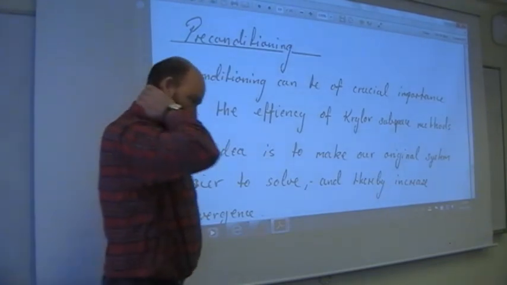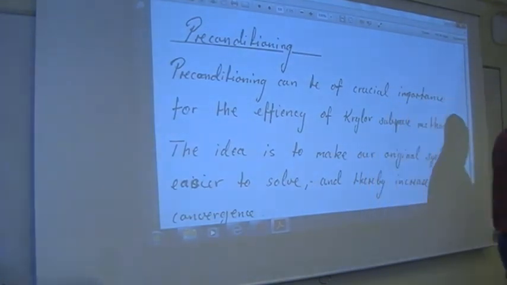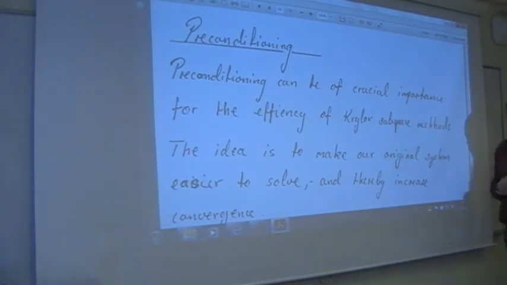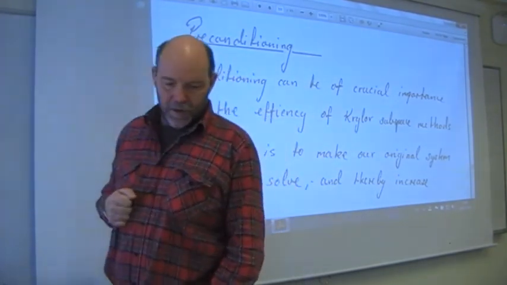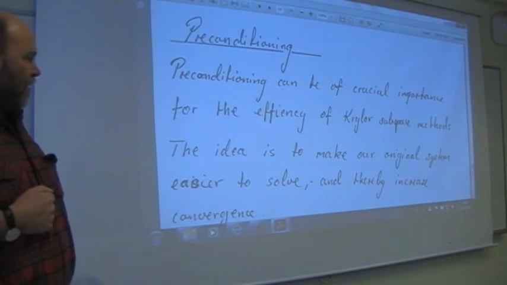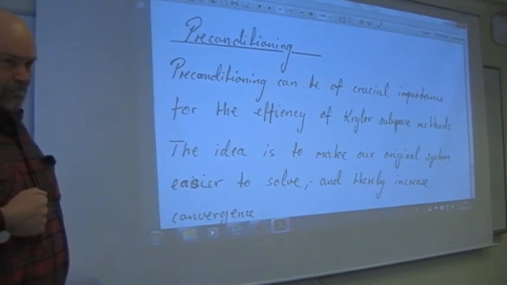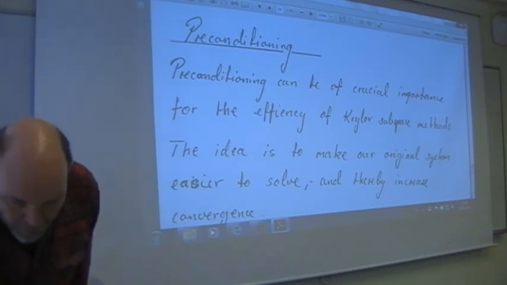The part that really speeds up a conjugate gradient, that makes it really efficient, that is preconditioning. We try to improve the equation system that we had initially, AX equals B, to make it more suitable for the conjugate gradient method.